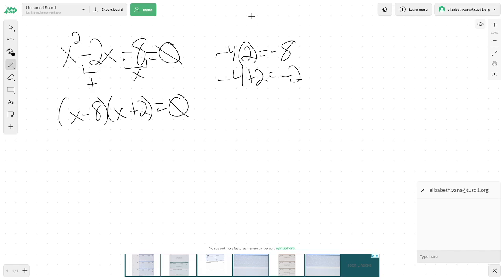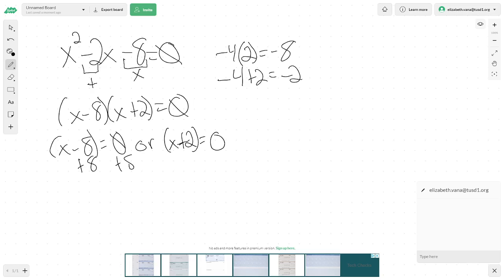All right, now go back to what I was doing before with the zero product property. And I say x minus 4 equals 0 or x plus 2 equals 0. And then I solve each of them separately. So x equals 4 or x equals negative 2. So my solutions are 4 and negative 2, and you can check it just like before to make sure that they work.